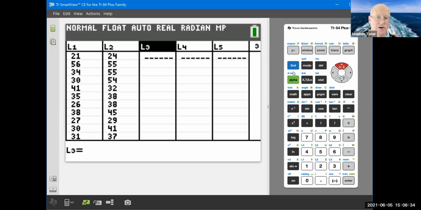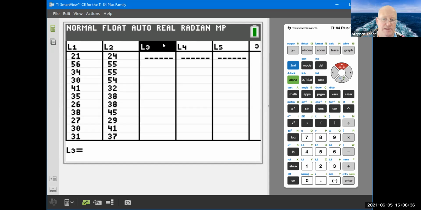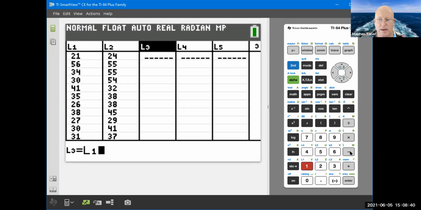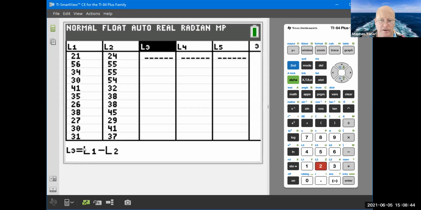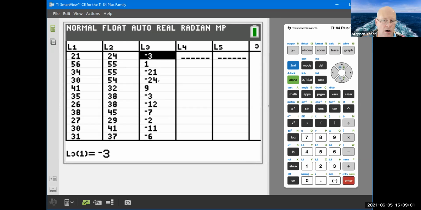And while the cursor is up in that top position, I'm going to hit second L1 minus second L2. Now down in the bottom left corner of my screen, you can see list 1 minus list 2. When you do something up in the top position, it says this is going to be applied to the entire column. So when I hit enter, it fills in all those differences going down.